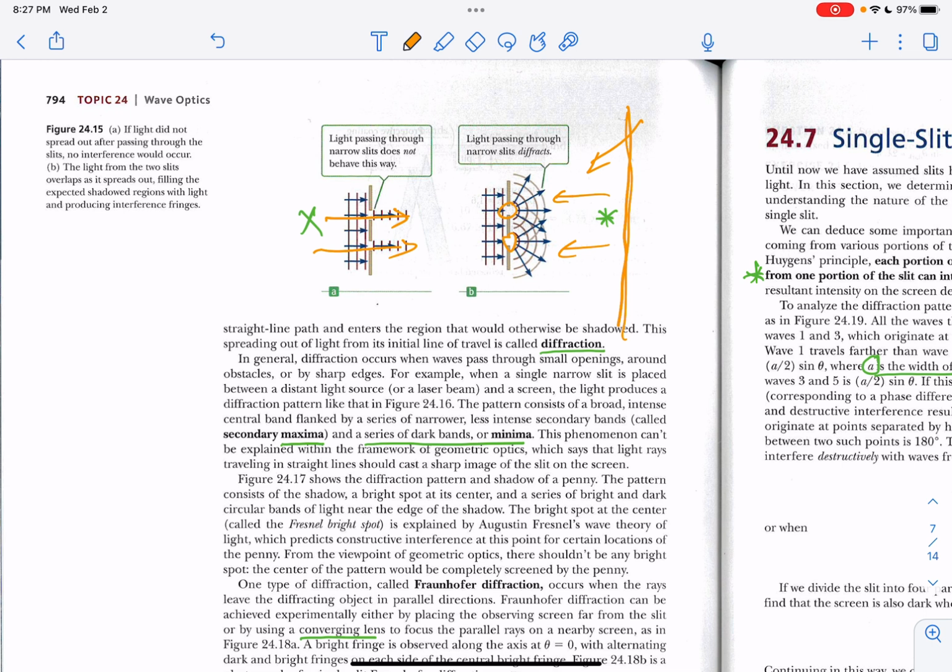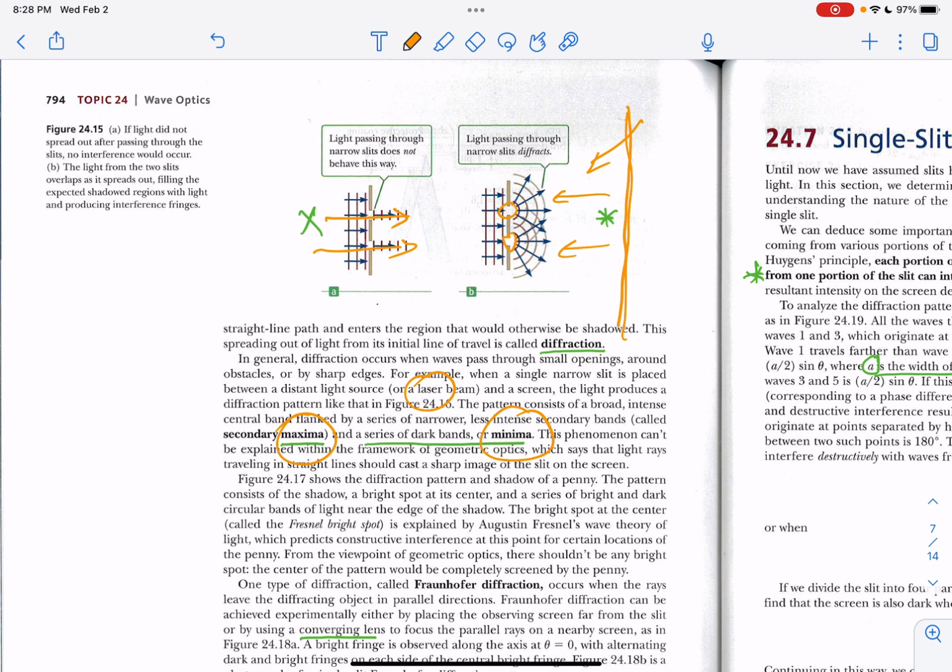When you had constructive interference, you would get maxima. We call those places the maxima. And the dark bands, the lack of light, would be where crests cancel out the troughs, and we call those the minima.